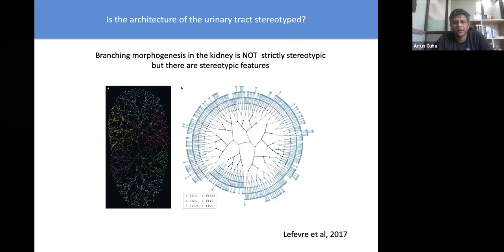So in other words, branches are forming in the same place at the same time, leading to a structure which is virtually identical in one animal and another.